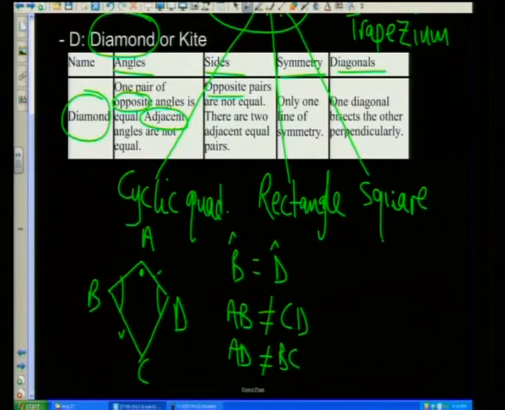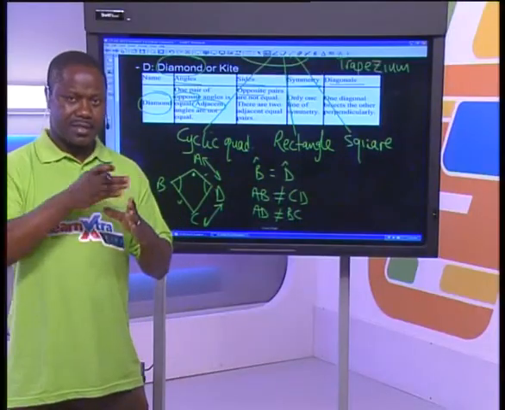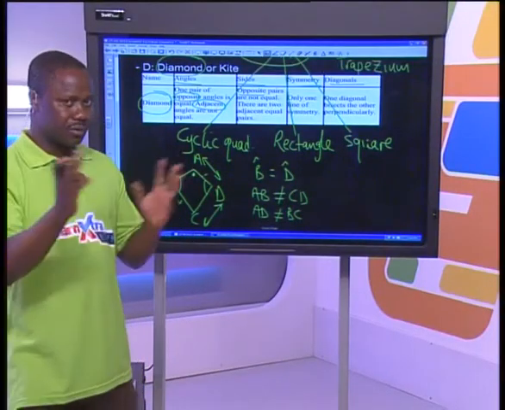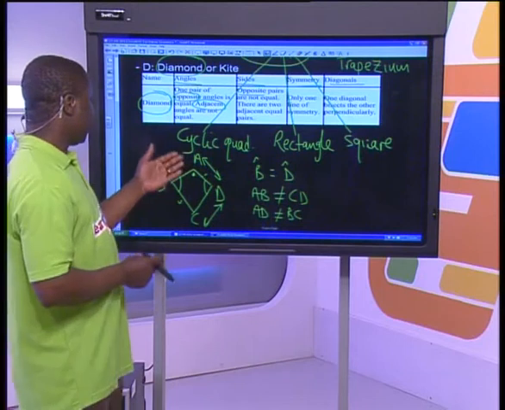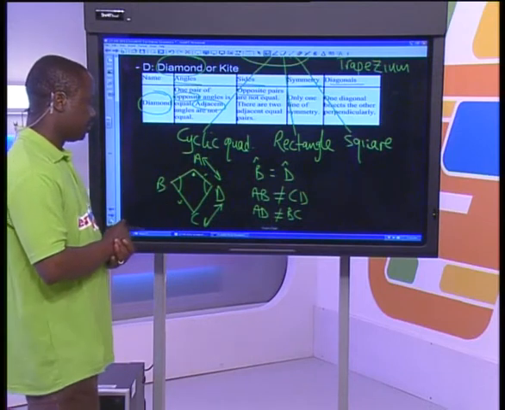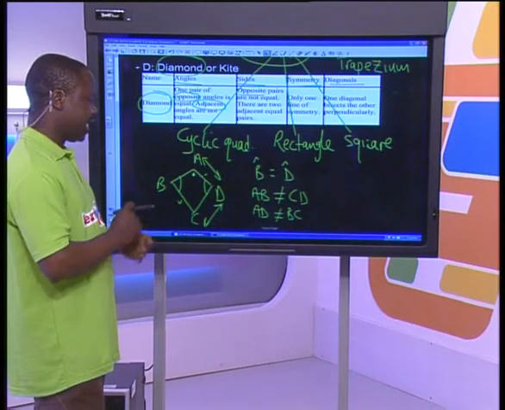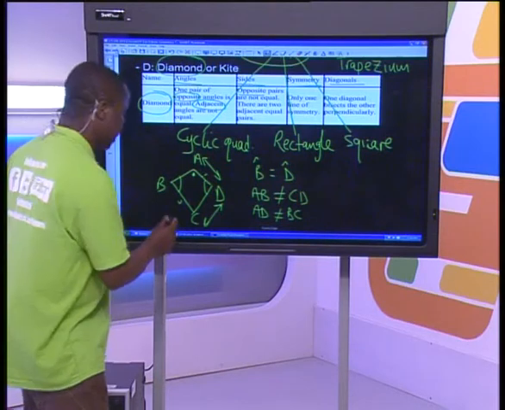And there are two adjacent equal pairs, something special about a kite. If you look at side AD, it is adjacent to, let's say, CD. It's next in line, as you're counting the lines. So AD is not equal to CD, yet CD equals BC.